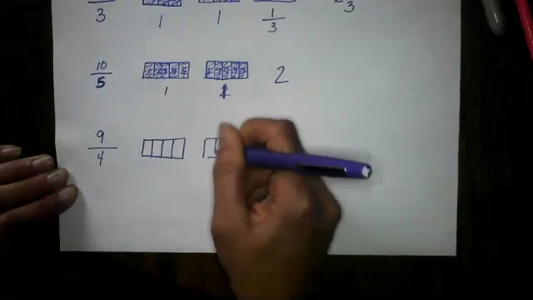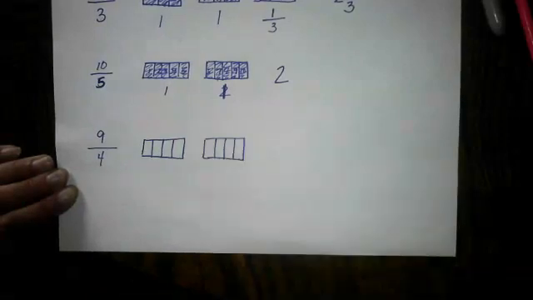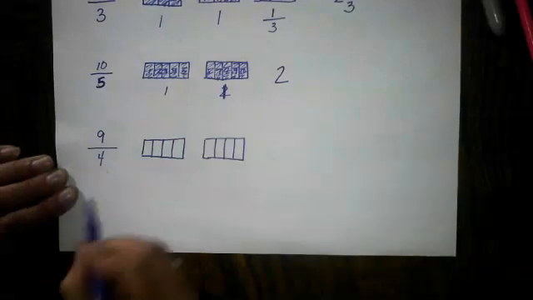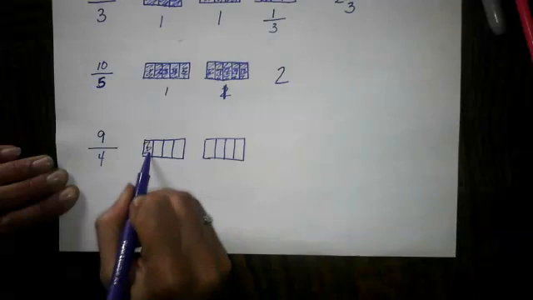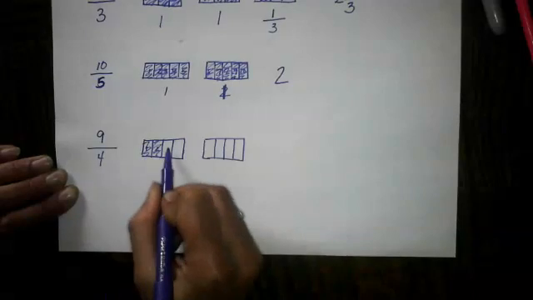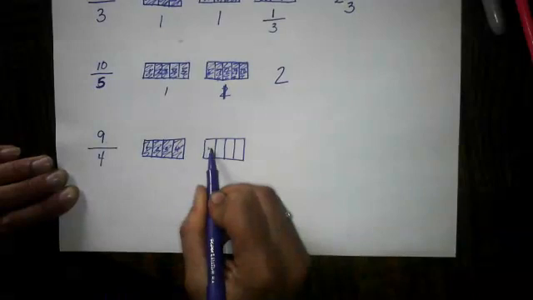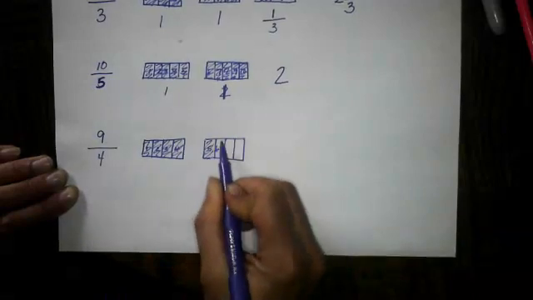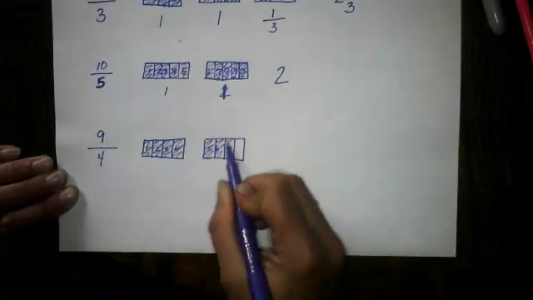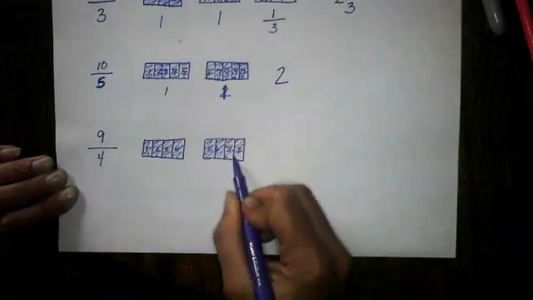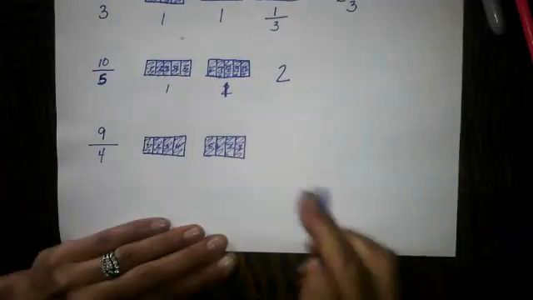So we'll start with just 2. And we're going to count out 9 pieces. 1, 2, 3, 4, 5, 6, 7, 8. Looks like I need to draw one more.